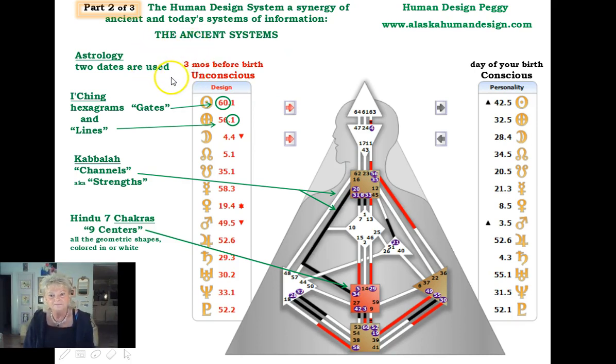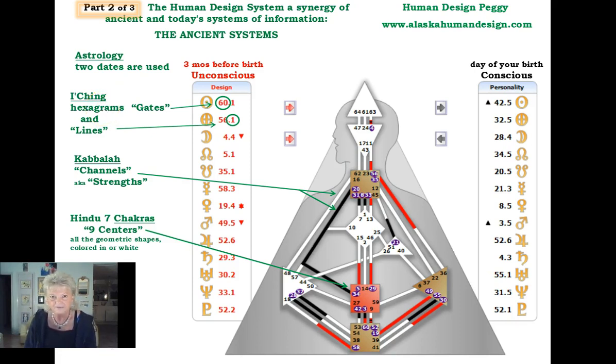So then all of these numbers, 1 through 64, are all called gates. These are the whole numbers called gates, and they relate to the I Ching hexagrams. And the hexagram has 6 lines in it.